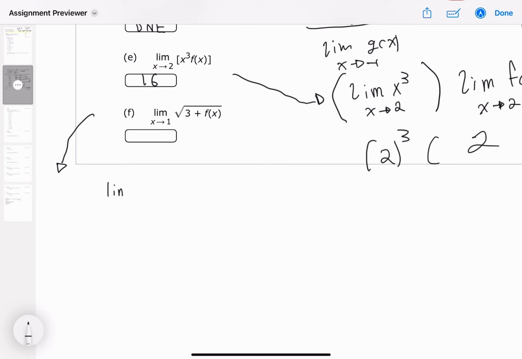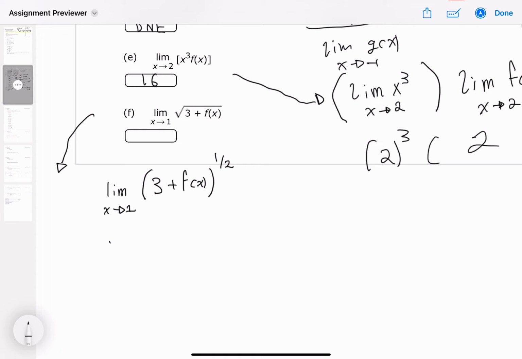So I will rewrite this as the limit as x approaches 1 of, I will no longer write that square root, I will write it as an exponent. That exponent is 1/2. Okay? 3 plus f of x. You see? Now I have another property of limits that tells me that the power of a limit is the same as taking the limit and then the power.